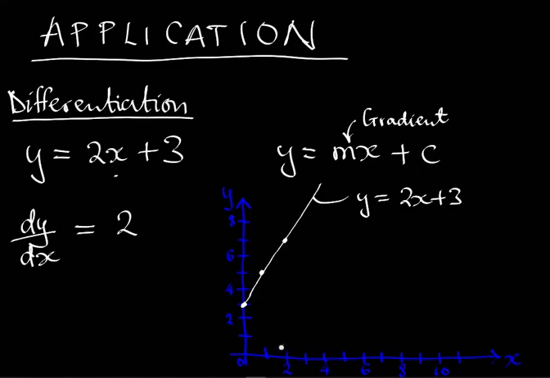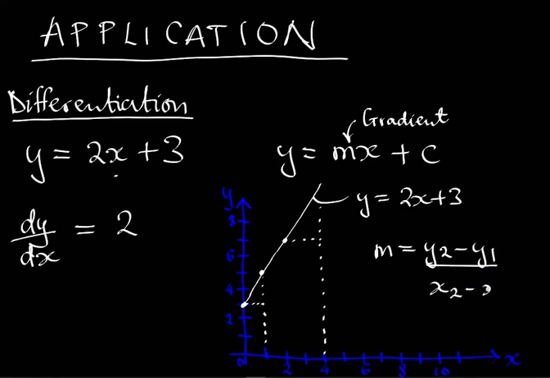So at any point, let's say x is equal to 1, the gradient is going to be 2. If you find the change in y over that, exactly. So again, if you go to any point, let's say 4, the gradient you're going to be finding, I hope you can remember, gradient is equal to (y2 minus y1) over (x2 minus x1), like that.